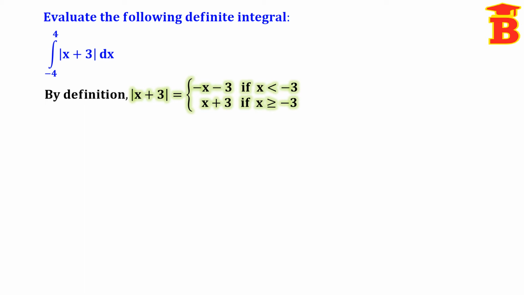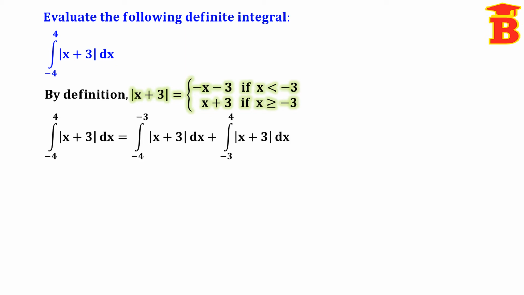So by definition, mod x plus 3 is equal to minus x minus 3 if x is less than minus 3, and x plus 3 if x is greater than or equal to minus 3. So this given integration can be written like this. Integral from minus 4 to 4 is equal to, here we split the limit, minus 4 to minus 3 plus minus 3 to 4. The given limit is minus 4 to plus 4, and in between we have this number minus 3. So we split and write like this.